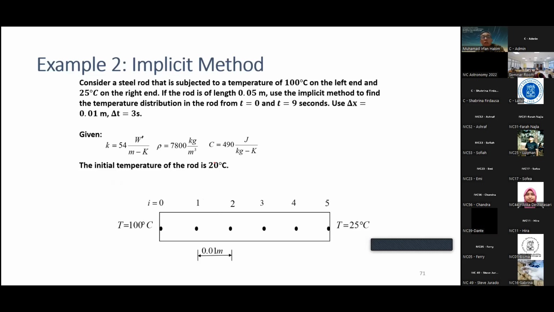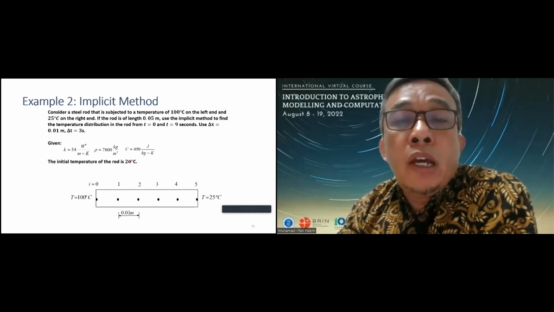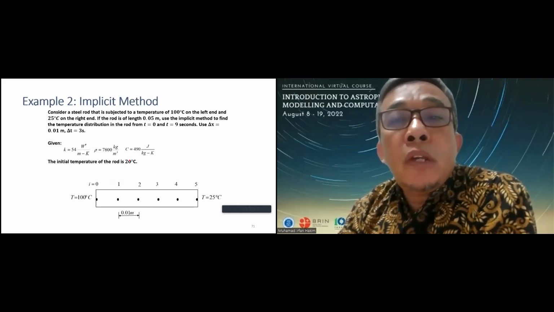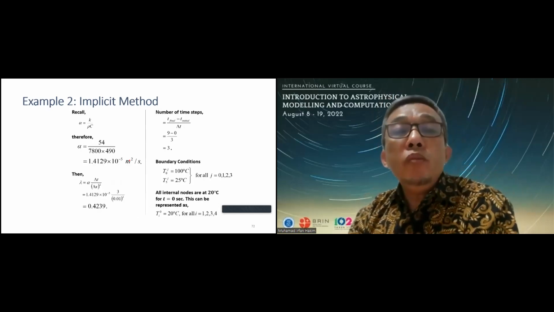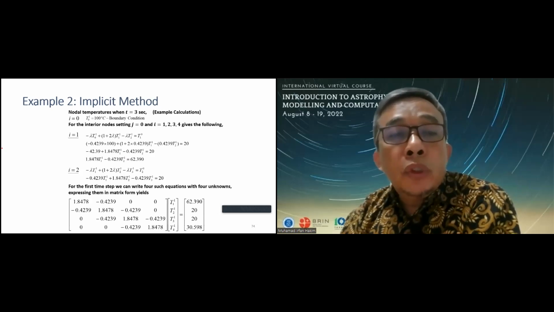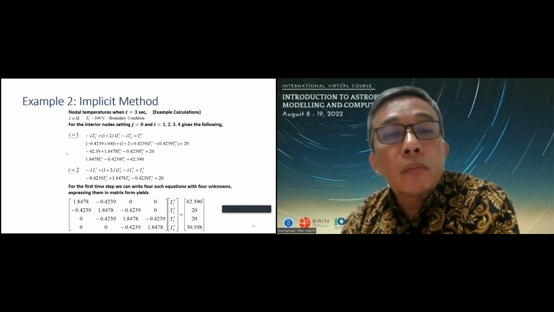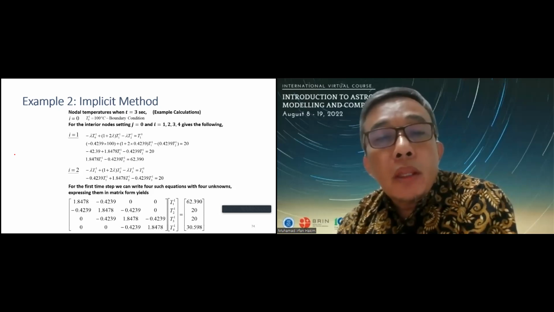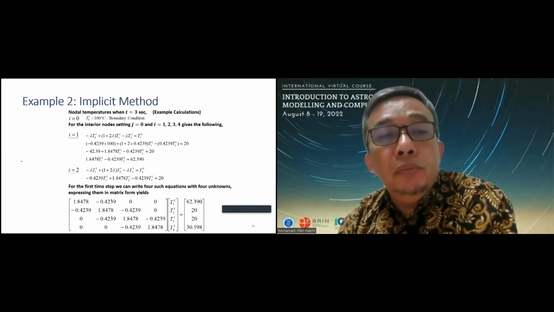Now, for the same example here, we use the same problem using the same time step size and step size delta x. For short, we come here to a matrix problem.